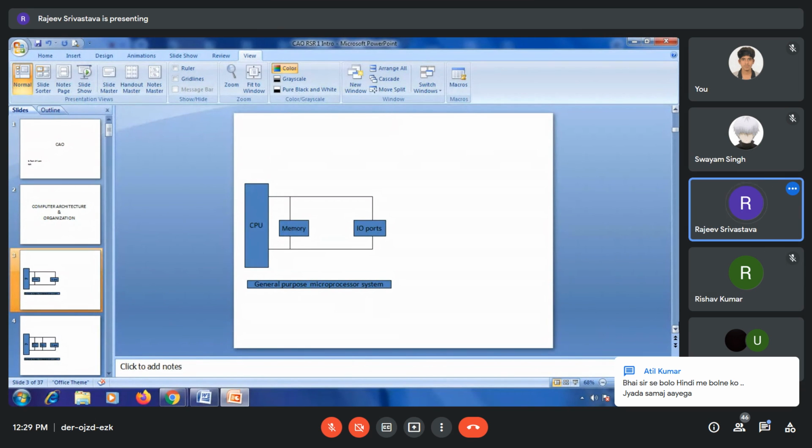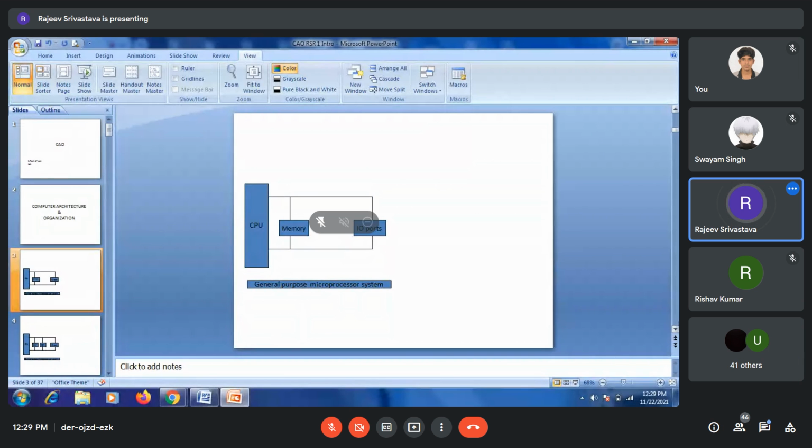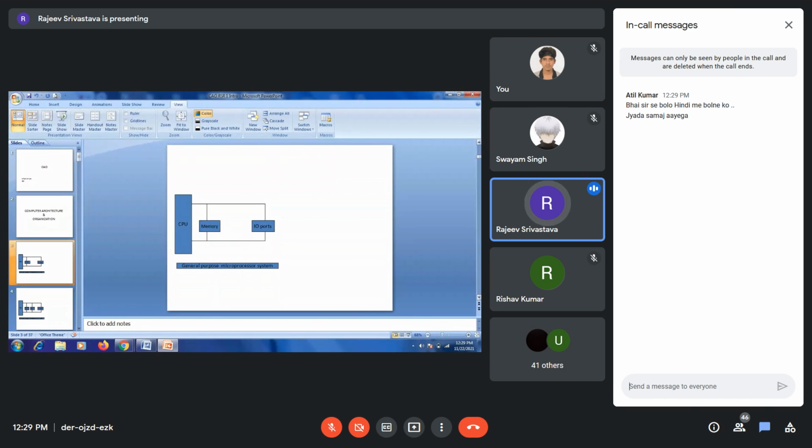So at least we need a CPU which processes everything, whether we have to add, subtract, or do any kind of operation, conditional statements, all these things. We need some kind of processing element, which we call CPU, a standard term for that processing element.